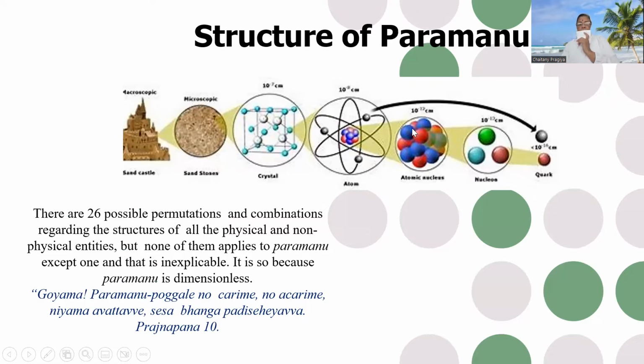And this atom is constituted by some subparticles, which are known as neutron, positron, or electron. And nowadays it is said that these subparticles are also constituted of some subparticles which are the last ones, and they are known as quarks.